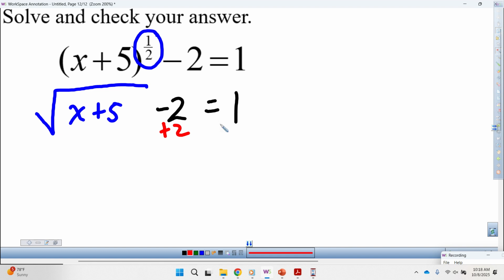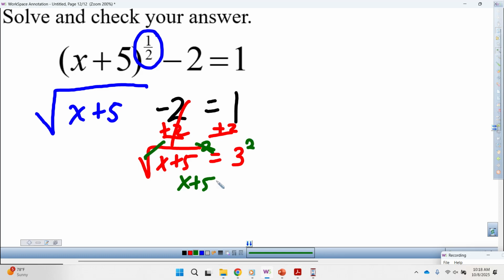Add 2, add 2. So we have square root of x plus 5 equals 3. How do we cancel that square root, everyone? Square it. Square both sides. Cancel, cancel. x plus 5 equals 3 squared, which is 9. And last but not least, solve for x. We what?